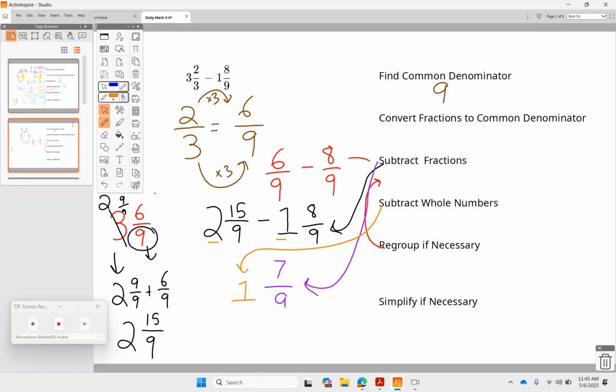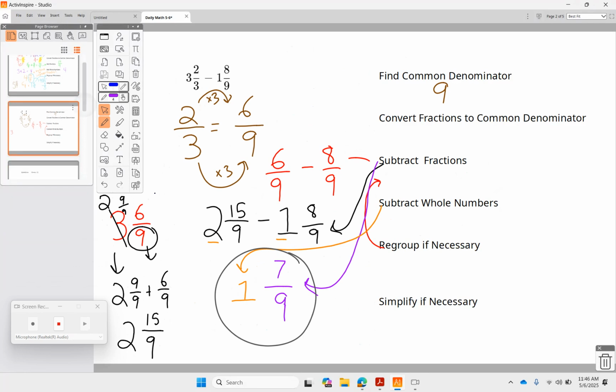There's nothing else to simplify here. That is my final answer, and it's a little hard to read that was ninths. So 1 and 7 ninths is my final answer. Okay? I'm going to try and move the computer a little closer, realizing I'm not sure how well the sound is picking up. Let's go on to the next problem.